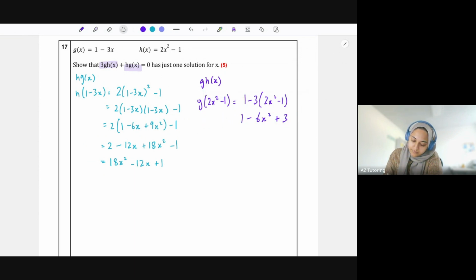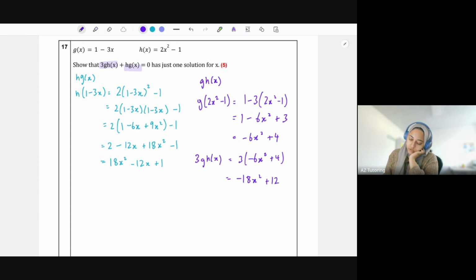We've got minus 6x squared, and then 1 add 3 is just 4. So therefore, 3gh of x, I'm just timesing this by 3. So 3 times minus 6x squared plus 4 is minus 18x squared plus 12.